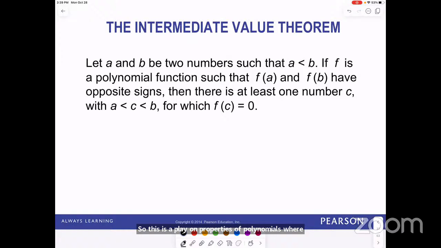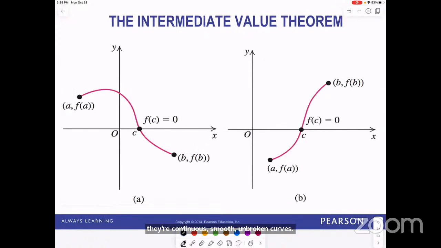Given two different x values of a polynomial, if the corresponding y for one has one sign and the corresponding y for the other has an opposite sign, then there has to be a c between those two x values where it crosses the x-axis, using the properties of polynomials. That's essentially the intermediate value theorem.